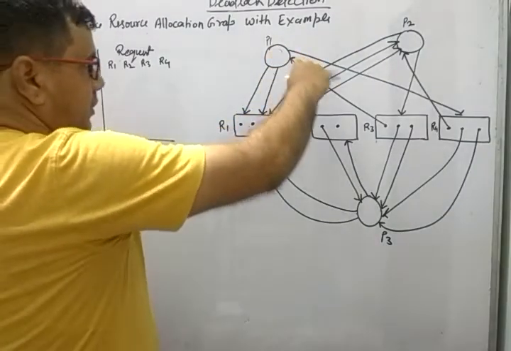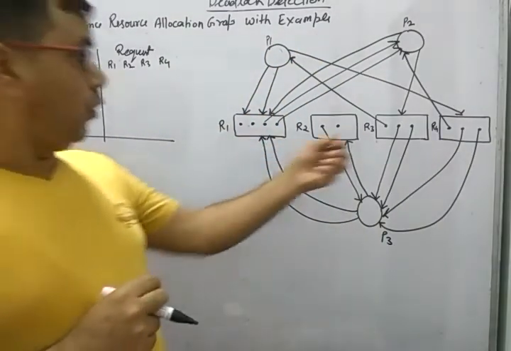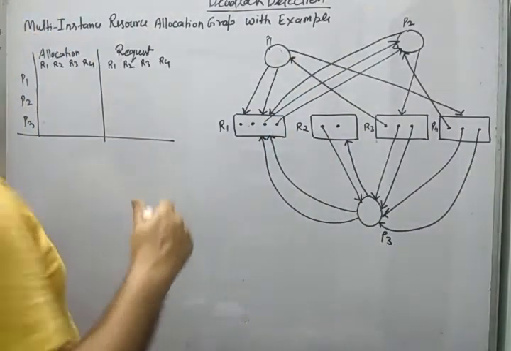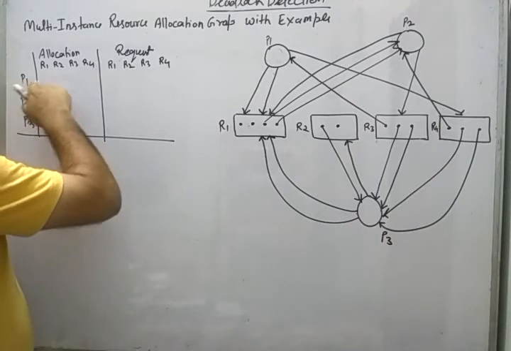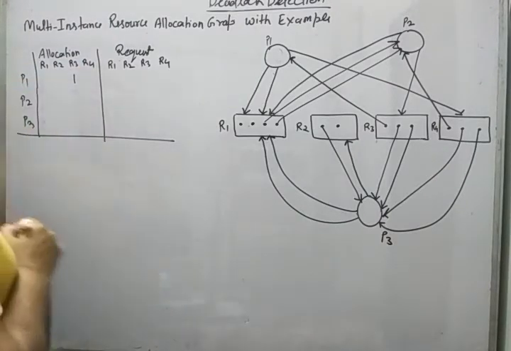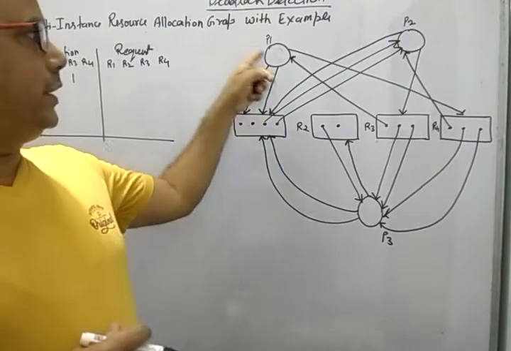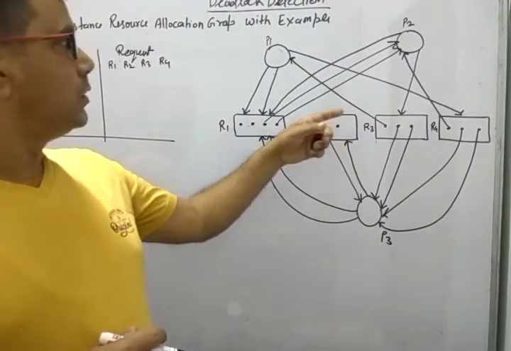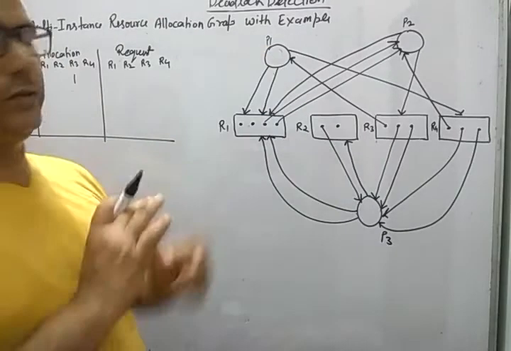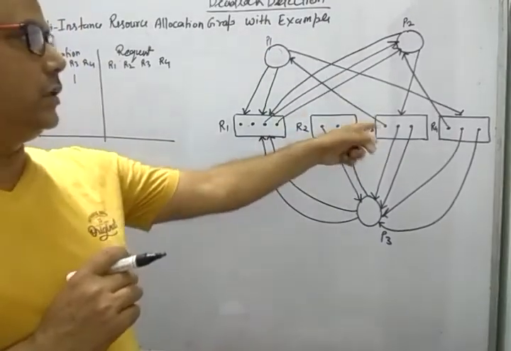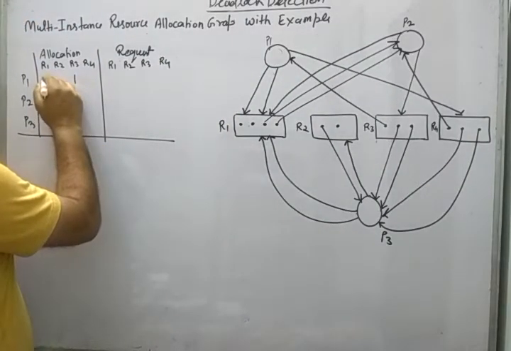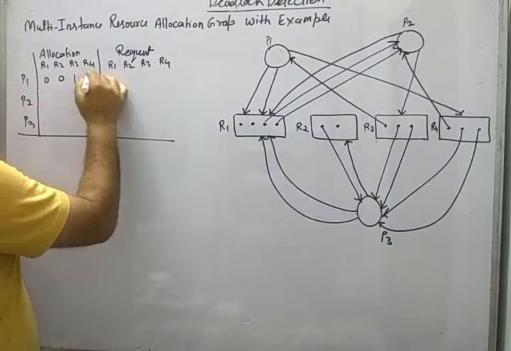Process P1 holds resource R3 only. No other resource is assigned to process P1. That means all others are 0, 0, 0 and 0.